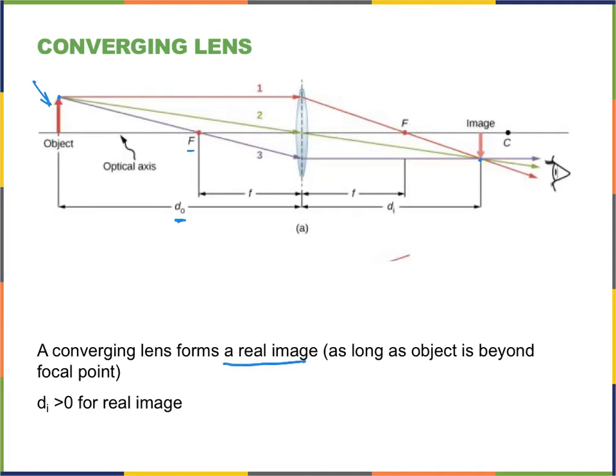I like to always classify it as being on the expected side of the lens, and so that's what makes it real. This kind of image, when it's real, has a positive image distance, which is shown right here. And again, just to remind you, because this is a converging lens, the focal length would be positive.